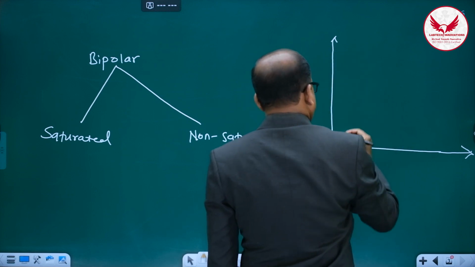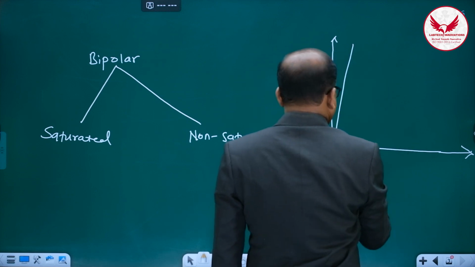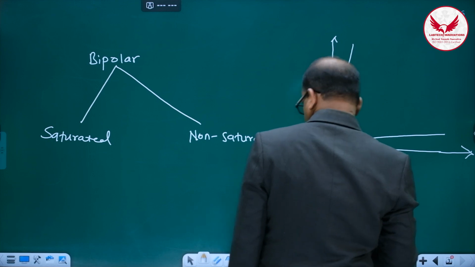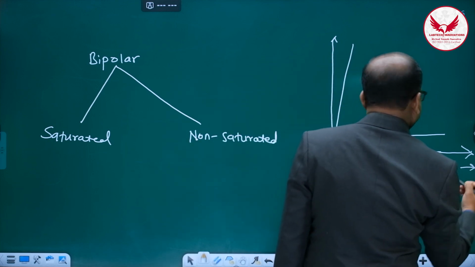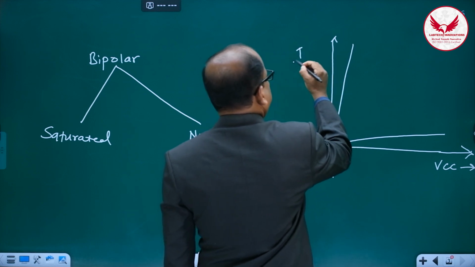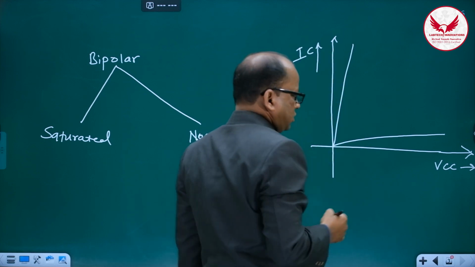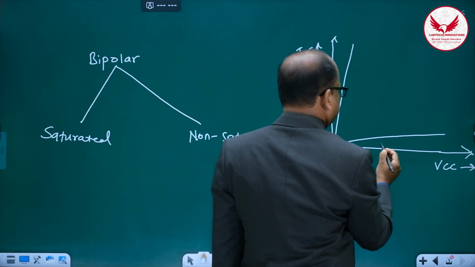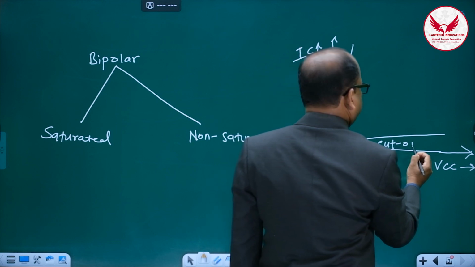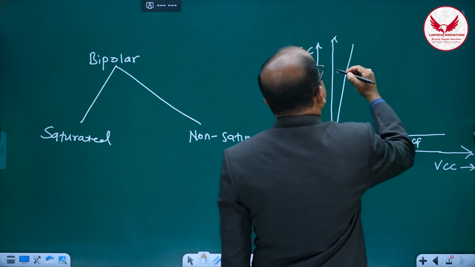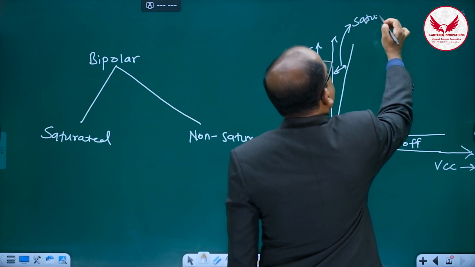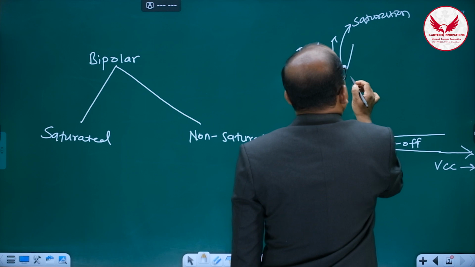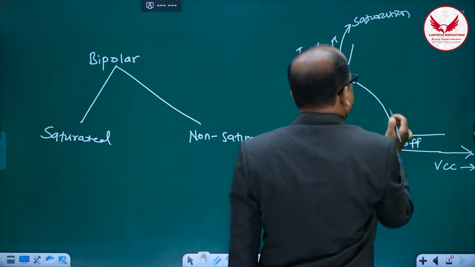Here the transistor operates in three regions. Here VCC, here IC is there. So this region is the cutoff region, this region is saturation, and this region is called the active region.